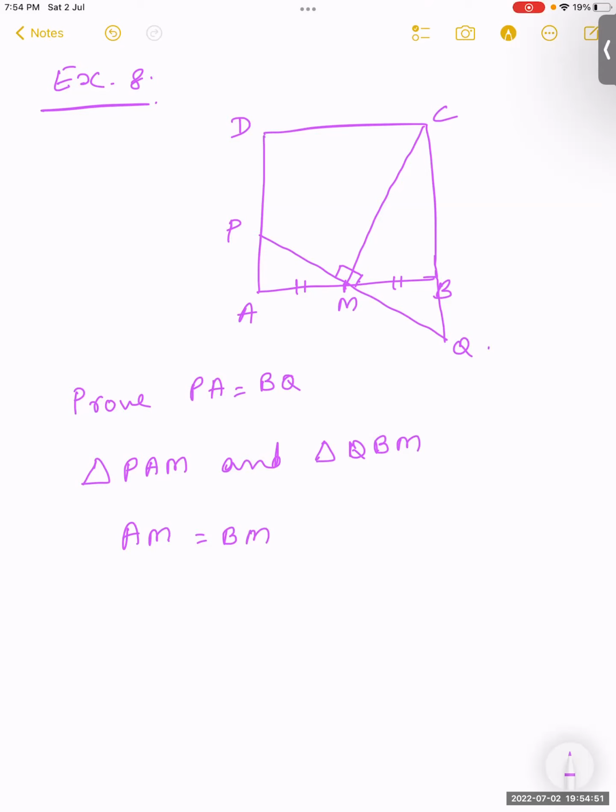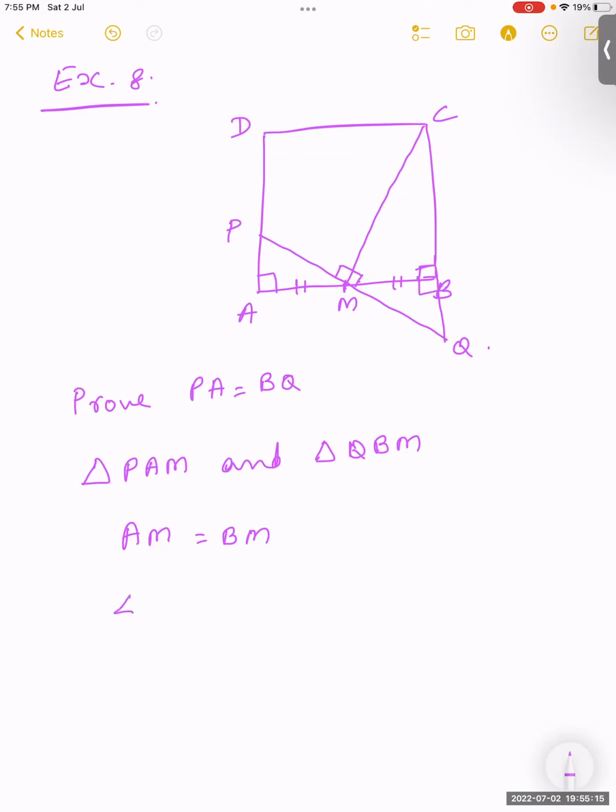Now, tell me, it's a square, right? When it is a square, don't you think this angle and this angle are going to be, sorry, 90 degree in a square? Yes, ma'am. Sides of a square. So angle MBQ also is going to be what? 90 degree, is it not? Got it, right?